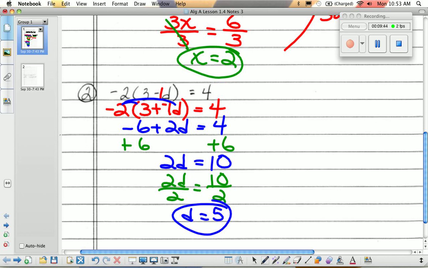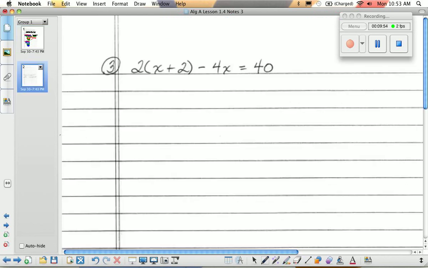Okay, any questions, concerns about that one at all? Okay, and let's go to the back side. In this one, you're actually going to have to do both of them. So let's do one thing at a time, and the first thing we're going to do is change it to an addition problem. So it's going to be 2 times x plus 2, that's already addition, no need to change that.